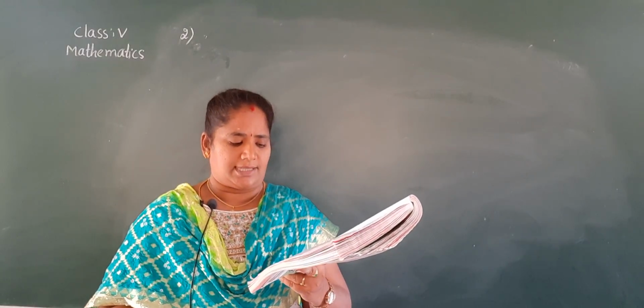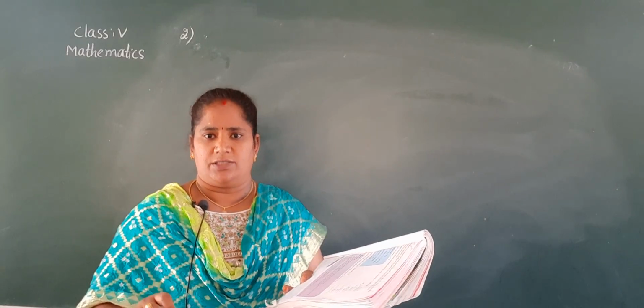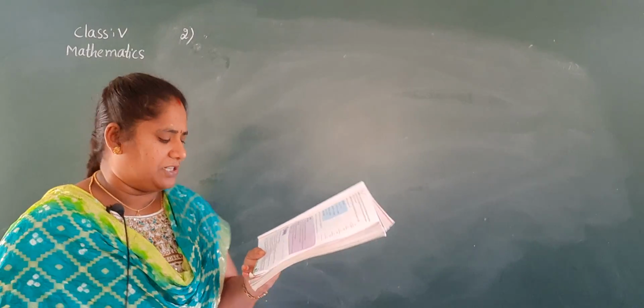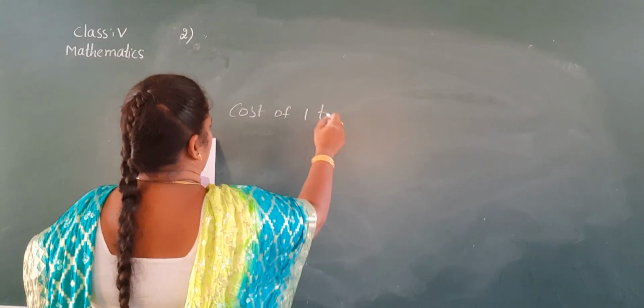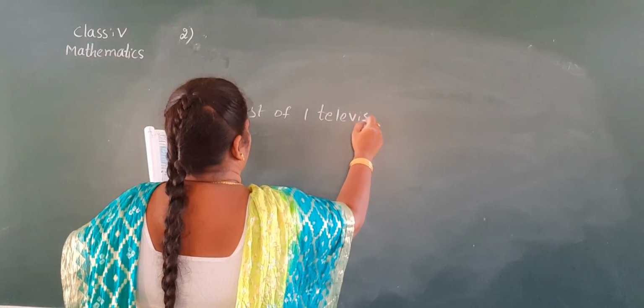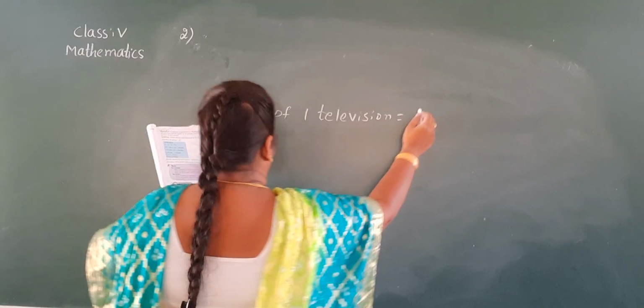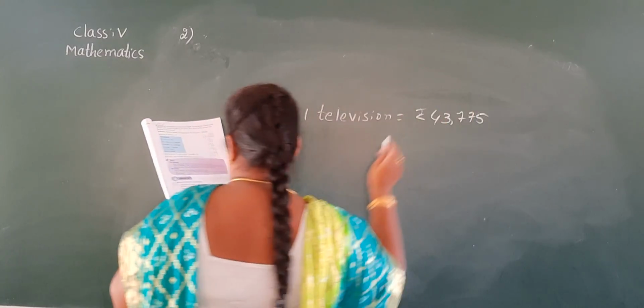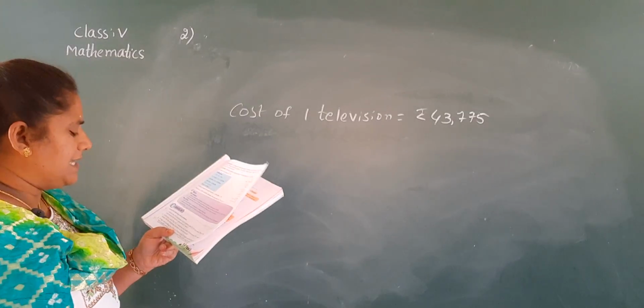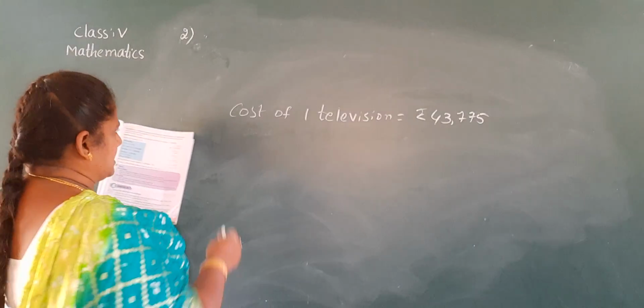A television cost is given, so you have to write cost of one television. See, Nana, cost of one television, don't write, just listen. Cost of one television equal to 43,775 rupees. And how many televisions a shopping mall installs? Yes, 28.